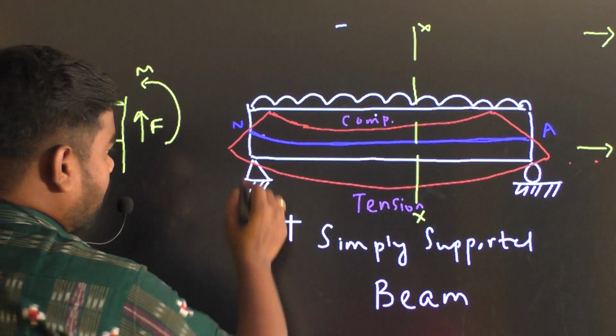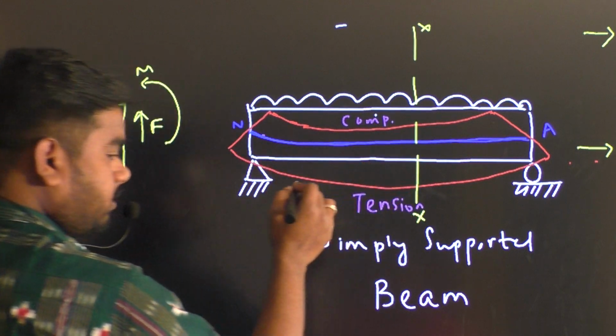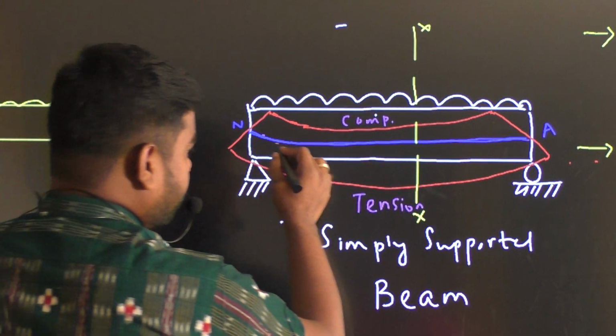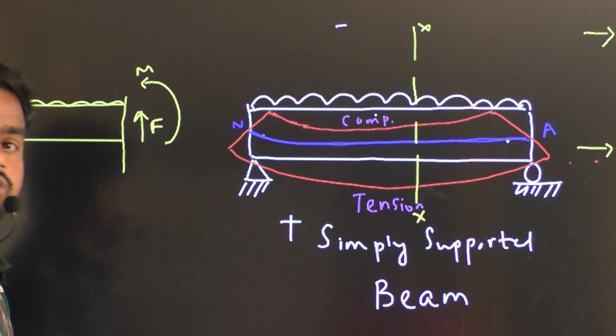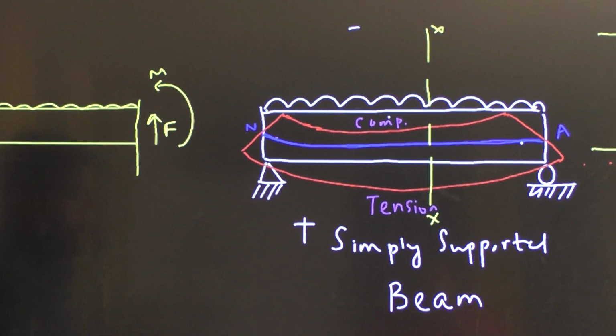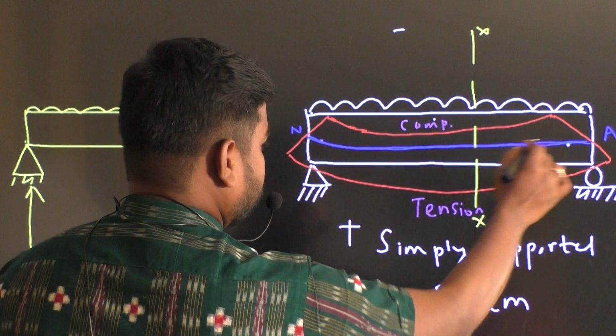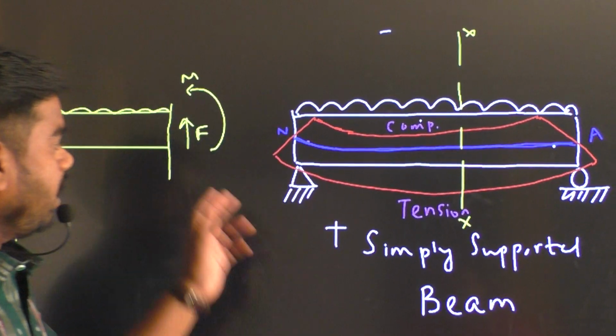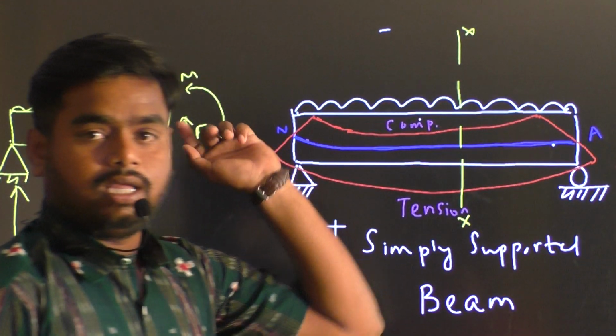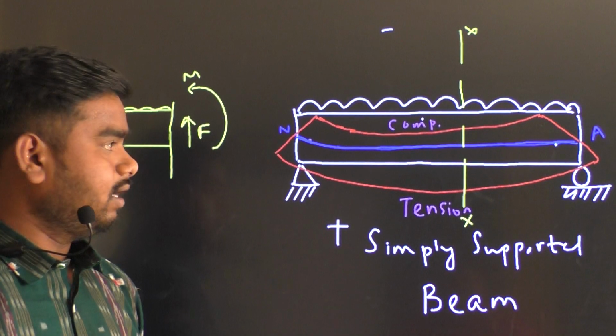That means, in between the compression zone and the tension zone, there will be a layer where there is no change in the length of the member. That layer of the beam is known as the neutral layer, and the axis passing through the neutral layer is known as the neutral axis.